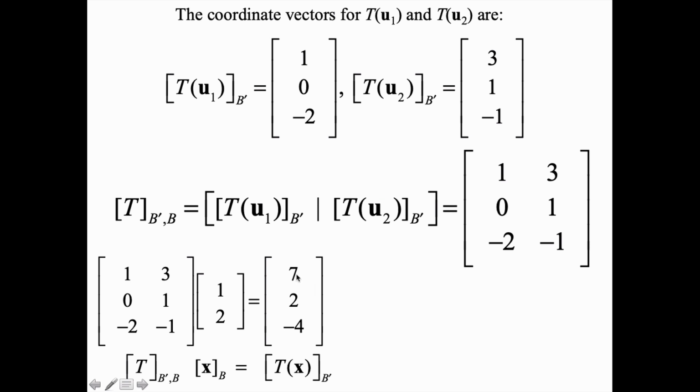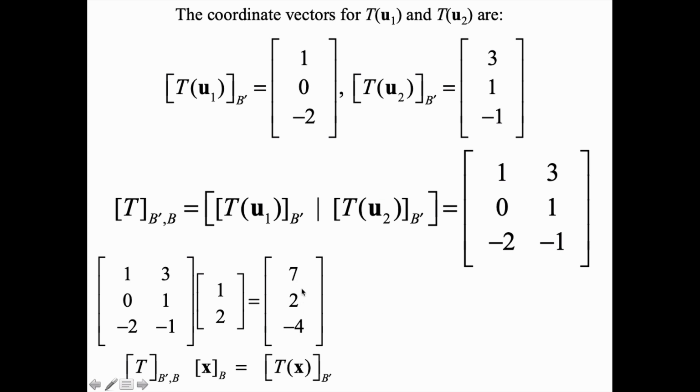So this doesn't mean 7i plus 2j minus 4k, or 7e1 plus 2e2 minus 4e3 anymore. It means 7 of the first basis vector in the non-standard basis I gave, B prime, which we'll call just 7 times V1, plus 2 times V2 minus 4 times V3.